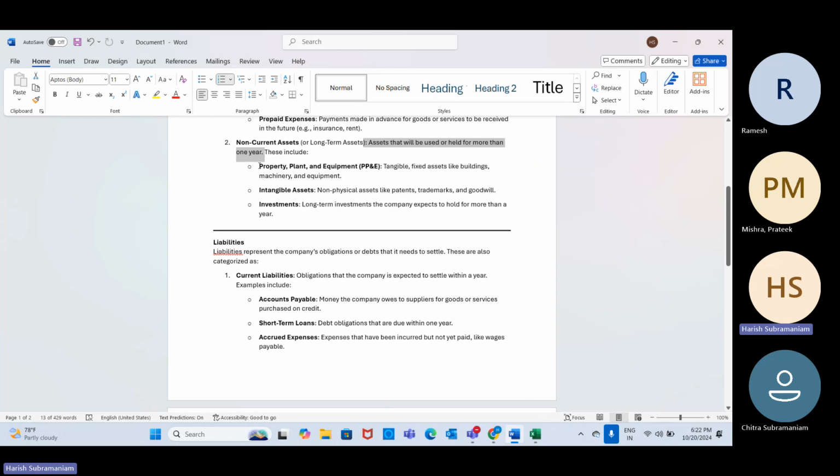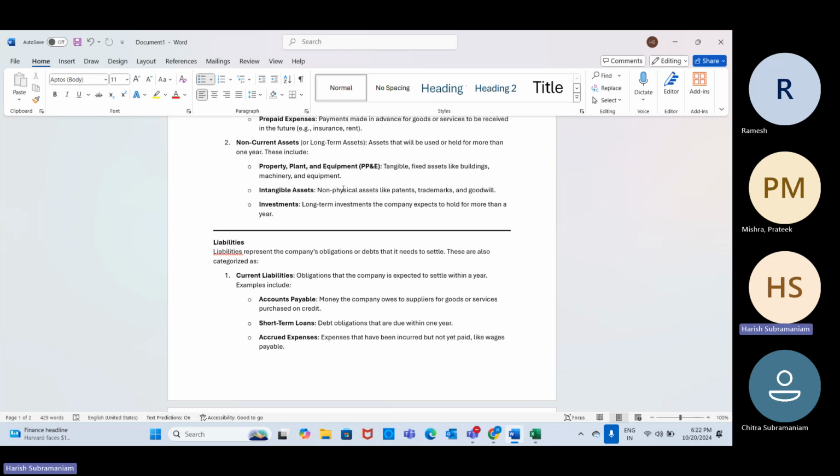The first thing is property, plant, and equipment. If I want to sell my machinery or my factory, typically I cannot convert it to cash immediately. I mean, we can sell it, but the fact of the matter is that non-current assets are typically assets that are fixed.